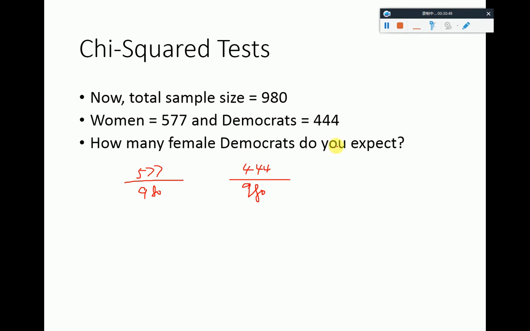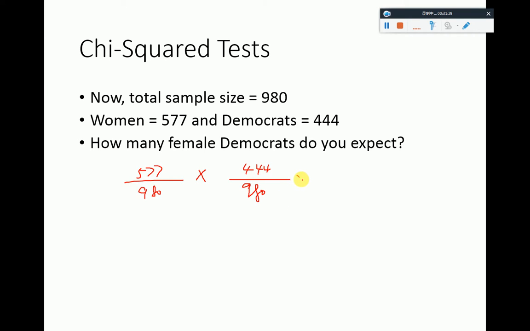Now, because we're calculating expected frequency, if we assume that gender and party affiliation are not related to each other, then what's the probability of observing female Democrats? In this case, we can use the multiplication rule: multiply the probability of observing the first event, being a female, by the probability of observing the second event, the Democrats.